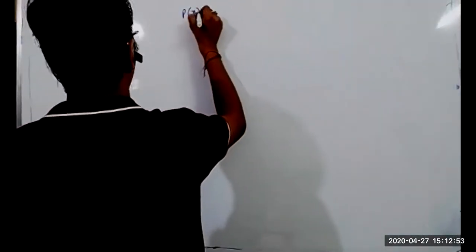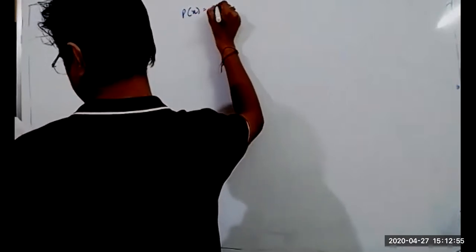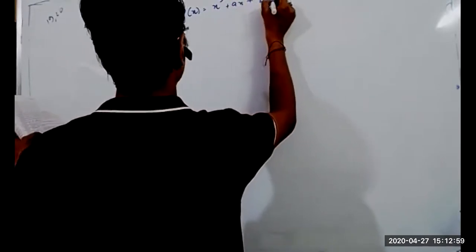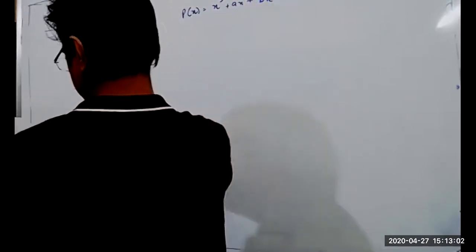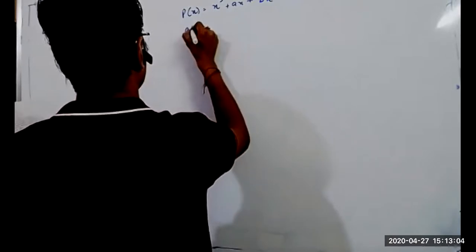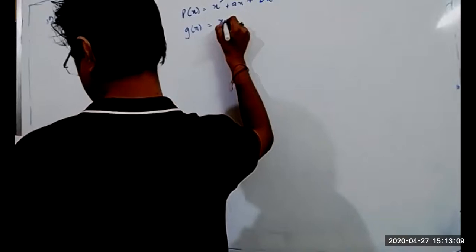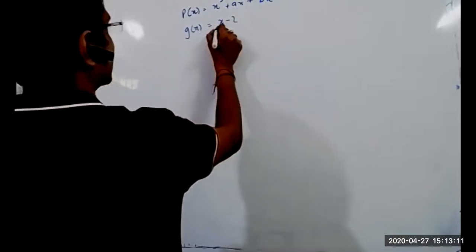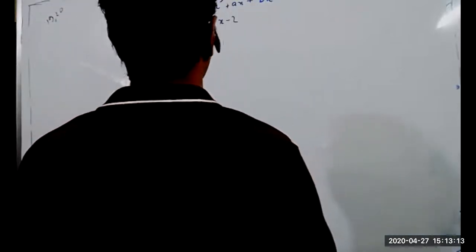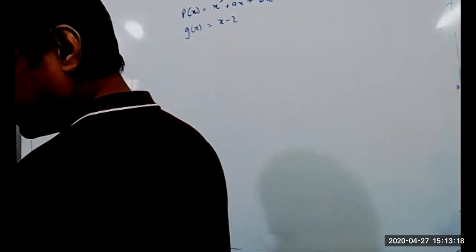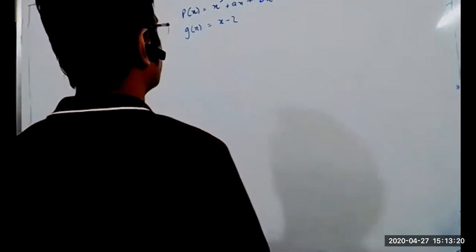What we have to do, Vishal, in this question: the px is given, x cube plus ax square plus bx plus 6. This is px, and gx is x minus 2, which is a factor of this one. It means the remainder will be 0 if this is a factor.